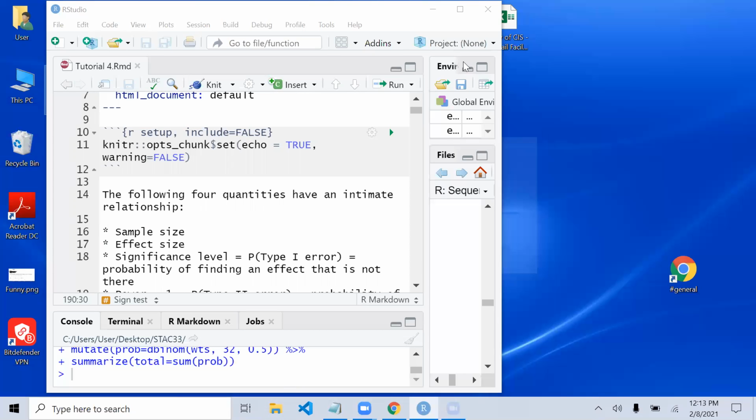There are 4 quantities that influence power: the sample size, the effect size, and the significance level. Kim, the type 2 error is the error where you should reject the null hypothesis because your alternative is actually true, but you did not accept it.